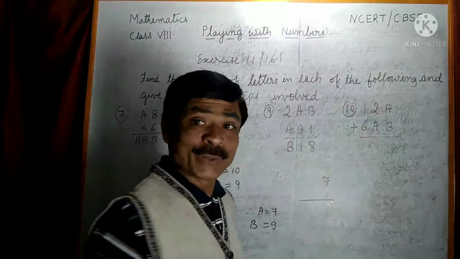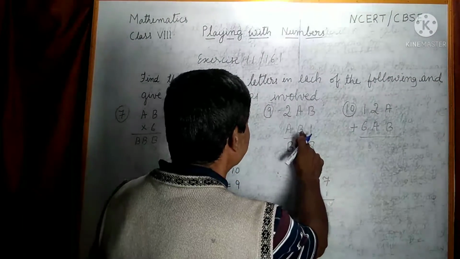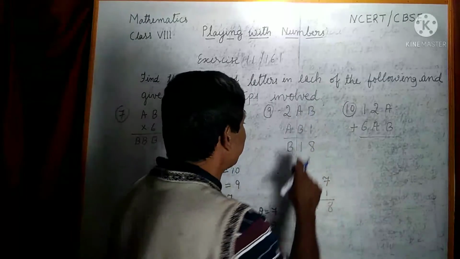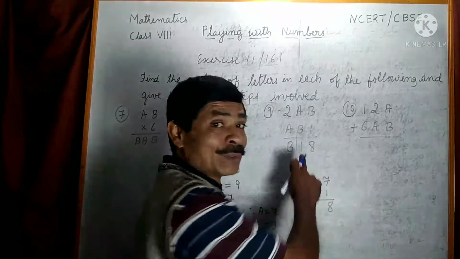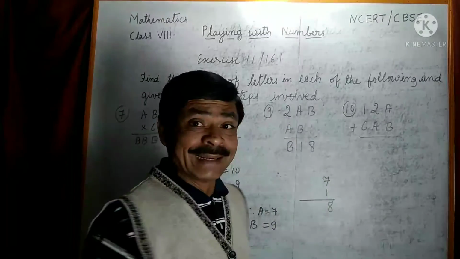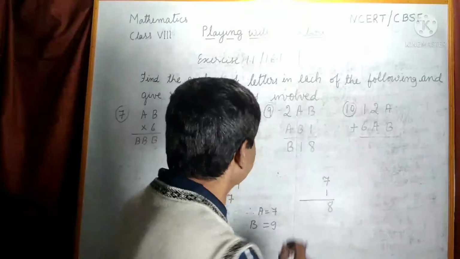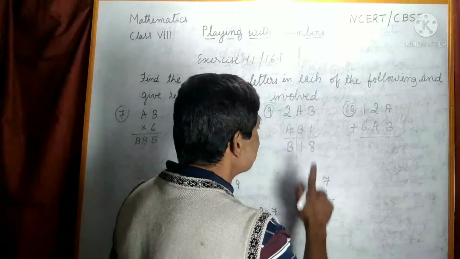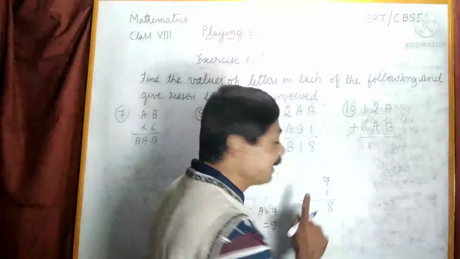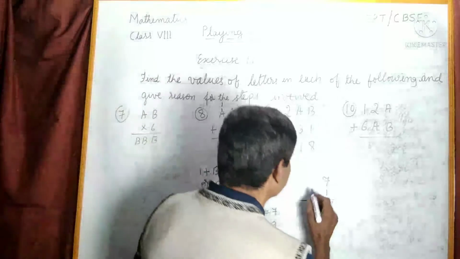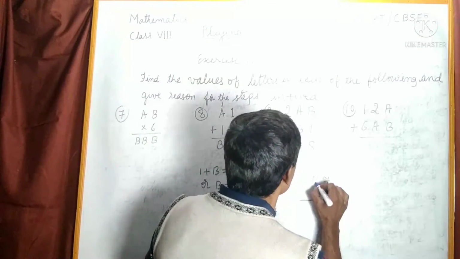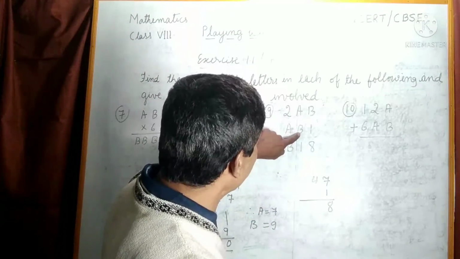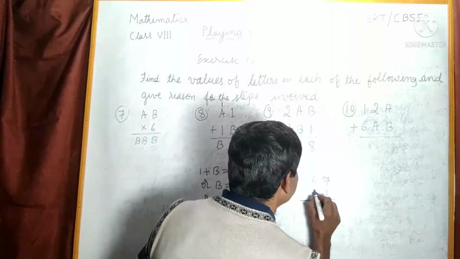If B is equal to 7, that means A plus B is equal to 11. 1 will be carried to the next step. So here 11 minus 7 should be 4. So we will write 4 here, and B we already have 7.